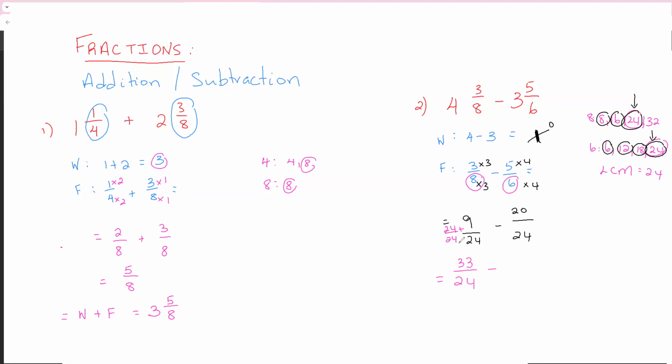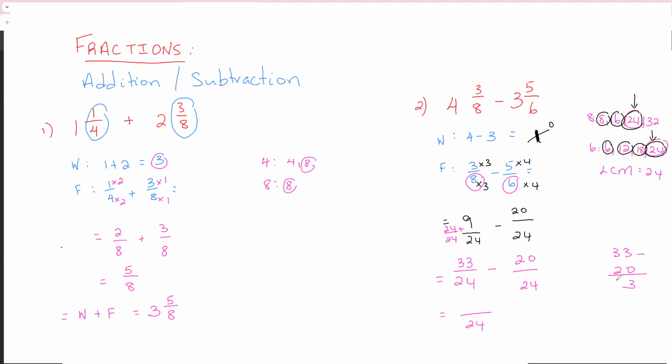So we have 33 over 24 minus 20 over 24. So we can say 33 take away 20, right? Once your denominators are the same, the denominator stays the same, and we could subtract the numerators. 3 minus 0 is 3.